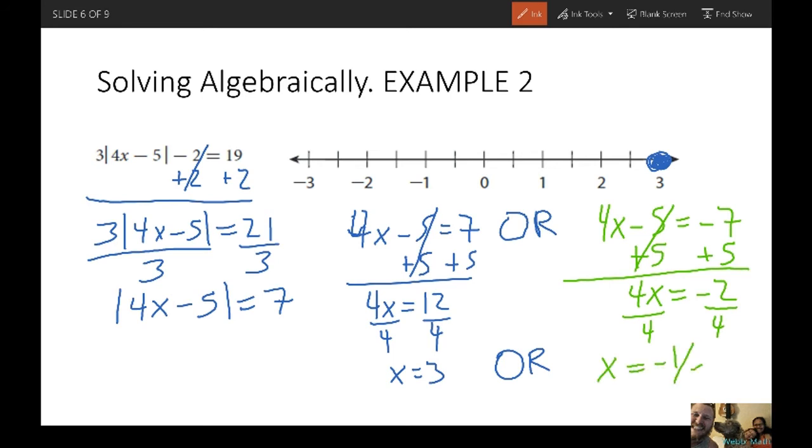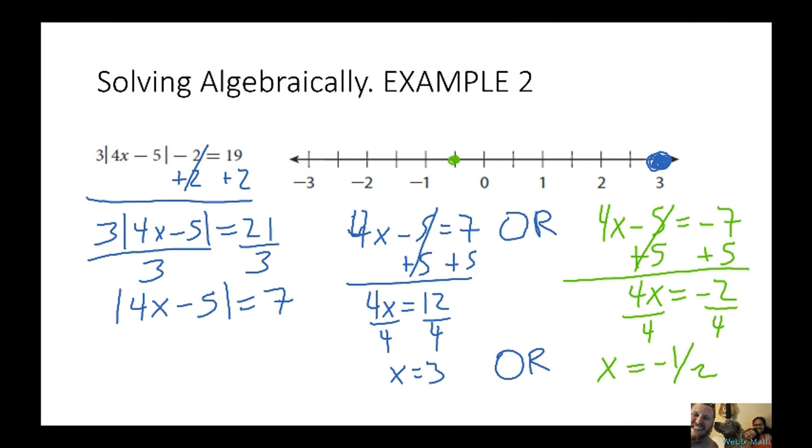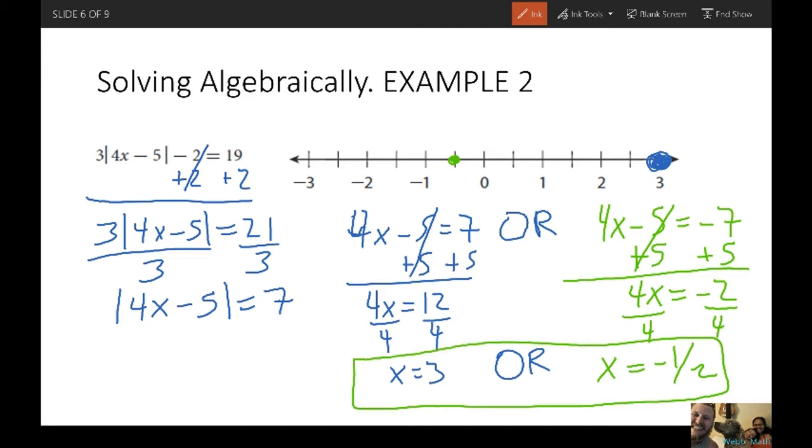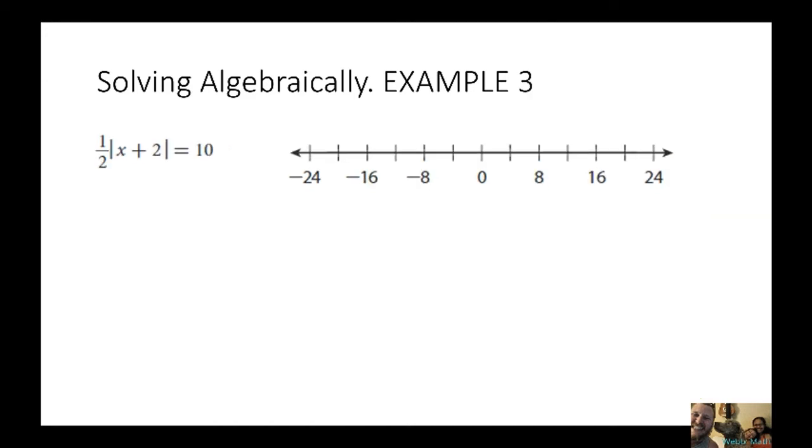I went ahead and reduced. Okay, -2 divided by 4 is -1.5. And that should be graphed right here. Okay, and that's how you graph it. So your solutions, again, was x equals 3 and x equals -1/2.